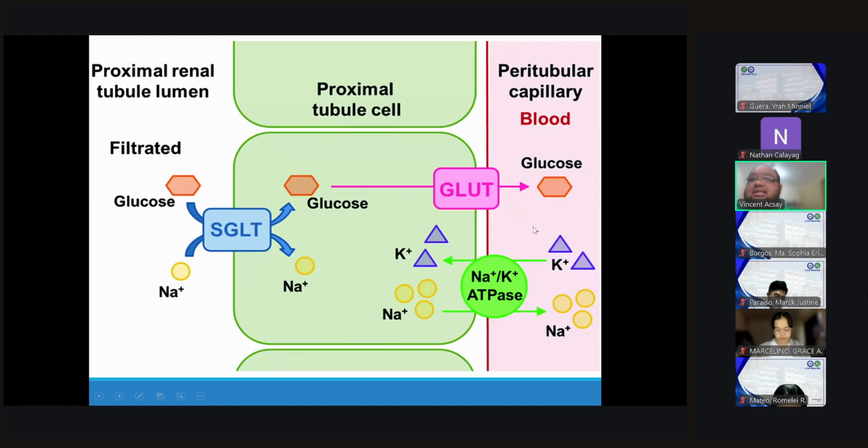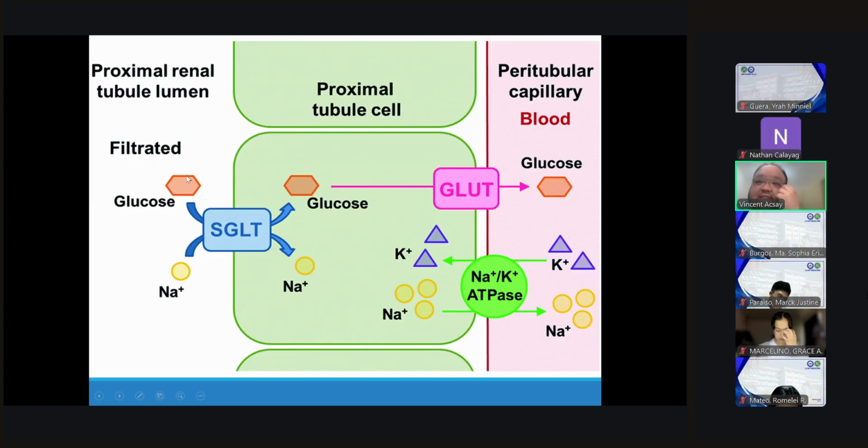Here's a small synthesis of the transports that we have. We're looking at the proximal renal tubule lumen. So we're inside the kidneys. And we're looking at the action of SGLT, sodium glucose transporter.